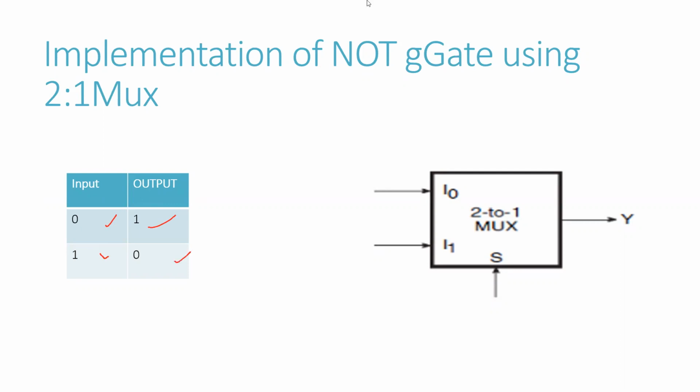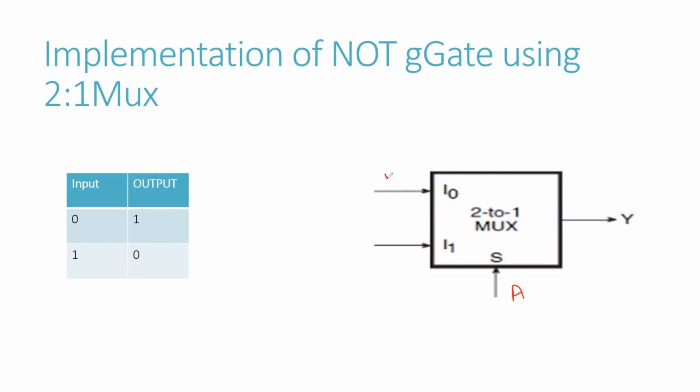So here the same thing we need to implement now using a 2:1 MUX. What we can do is, since a single input is there, I will take this as my input, A, or any letter, because only a single input is there, right? So when A is 0, what will happen? The output is always 1.